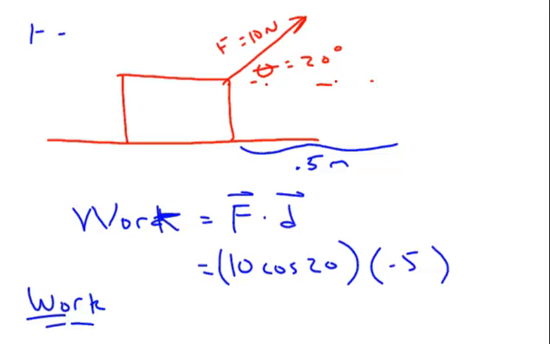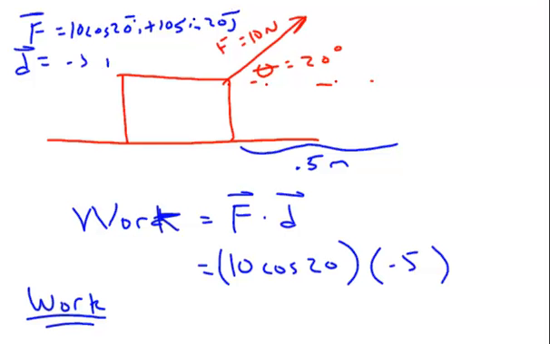So force would have been 10 cos 20 i plus 10 sin 20 j, and our displacement would be 0.5 i. And so when we multiply those, all we're doing is multiplying the i's by the i's and the j's by the j's. In this case, our displacement had 0 j's, and you get the same value.